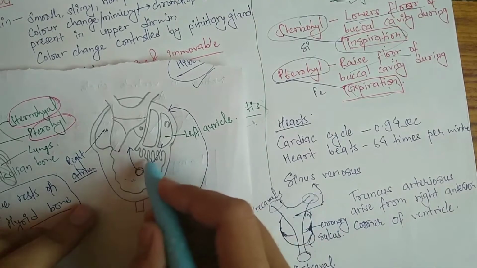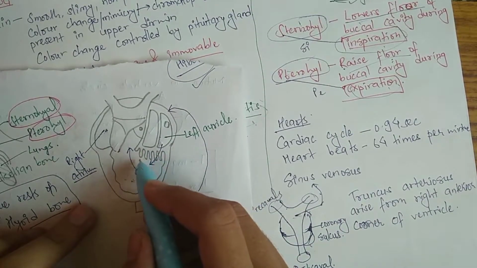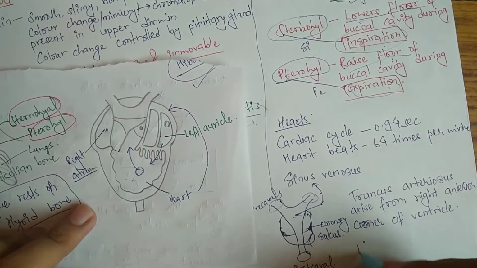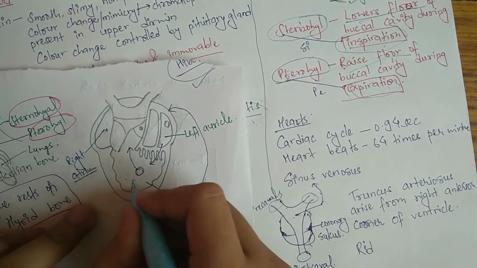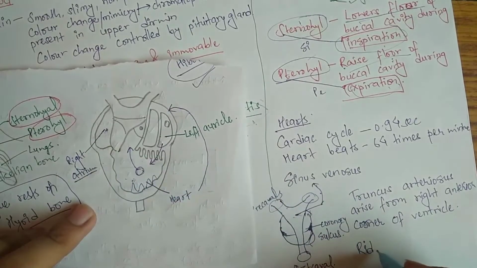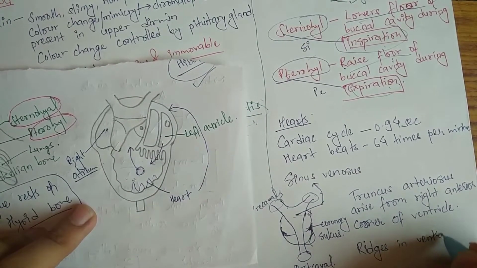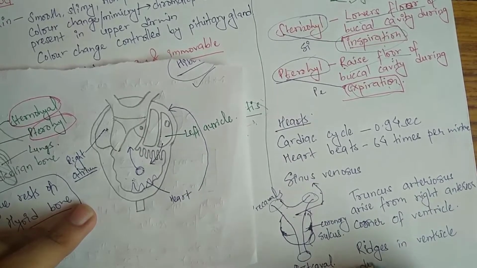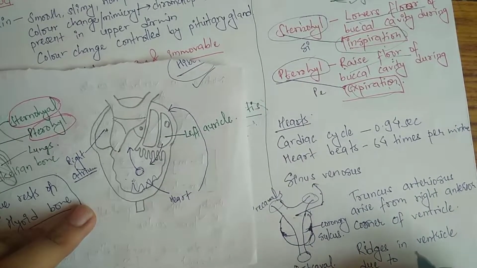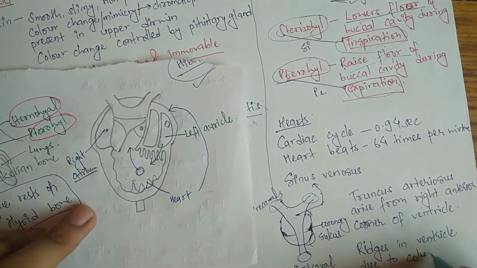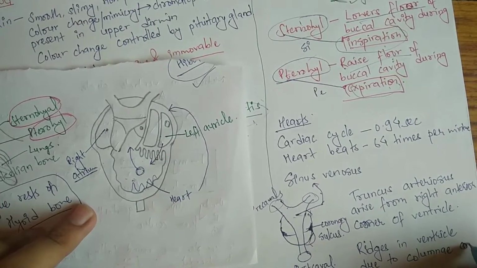And if we see ridges in the ventricle, here the ridges are due to columnae carneae.